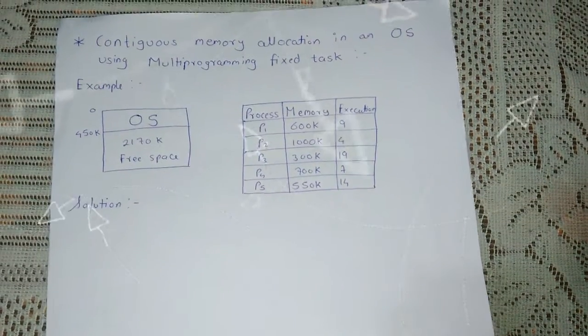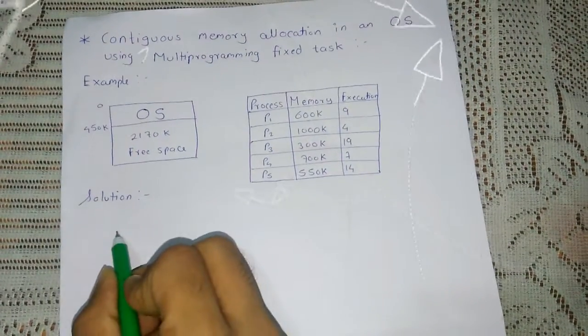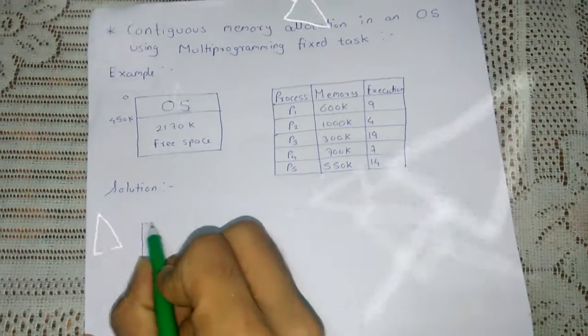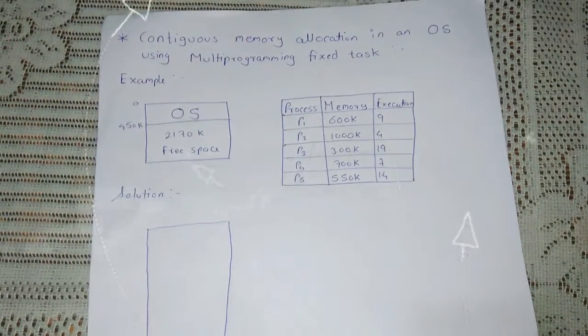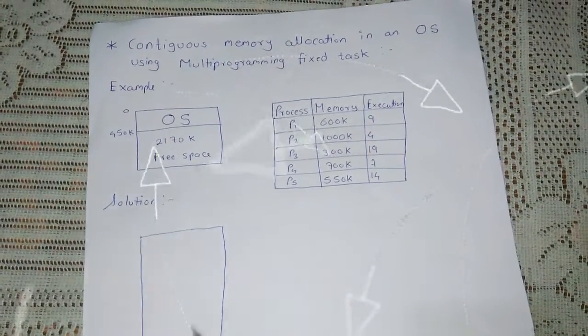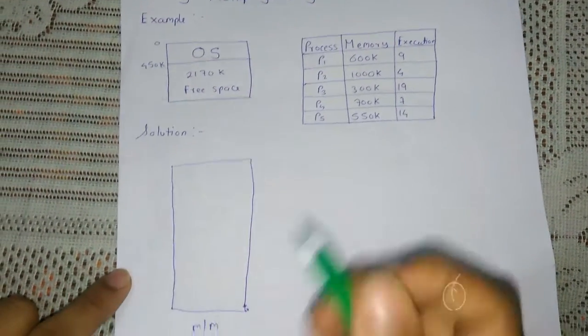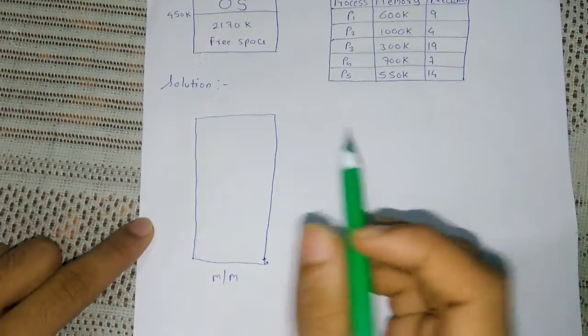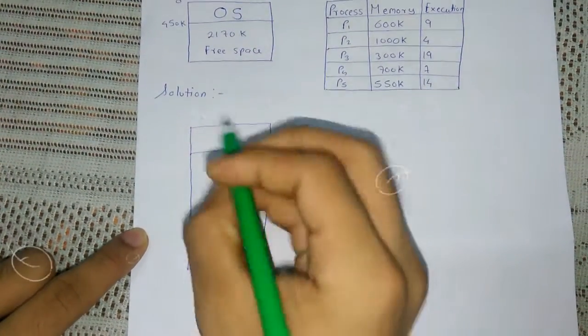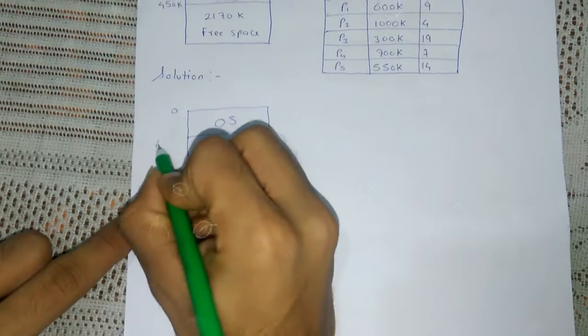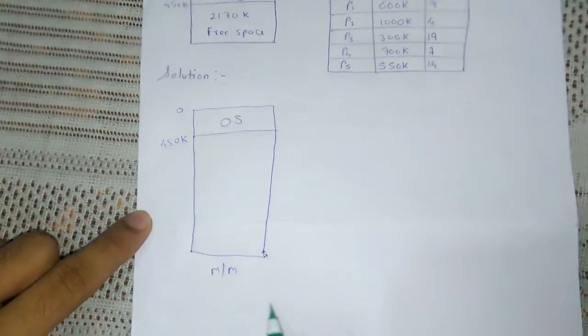Let's consider the main memory chart. So this is our main memory. In this main memory, the operating system consumes 0 to 450 kilobytes.